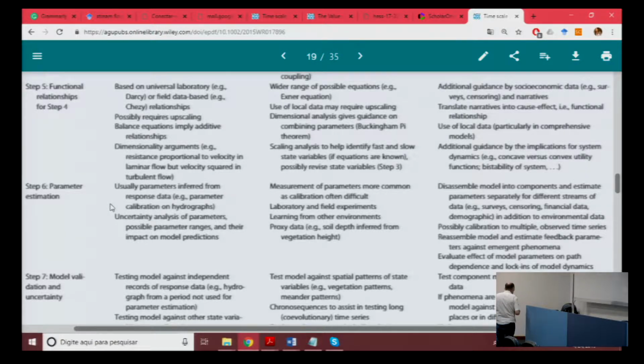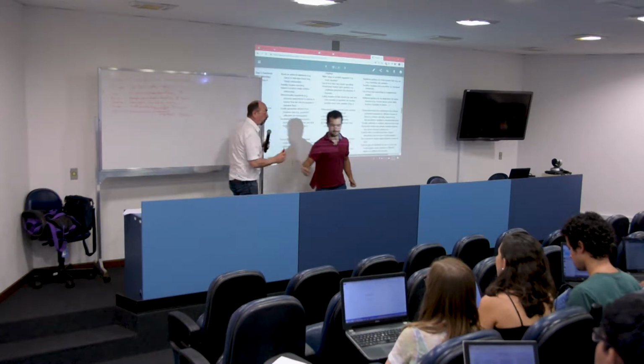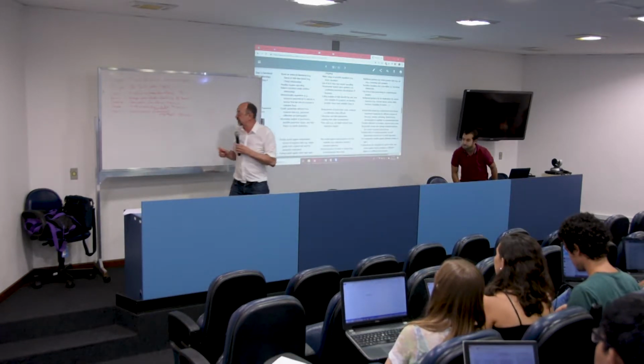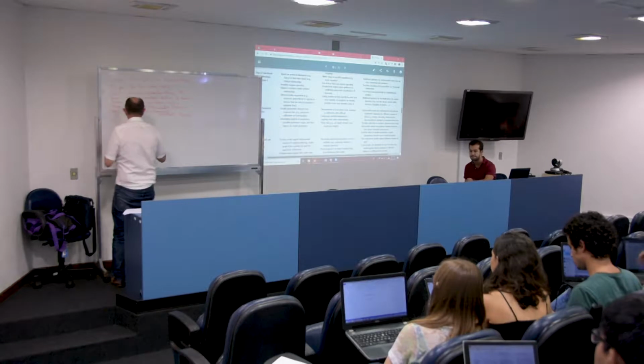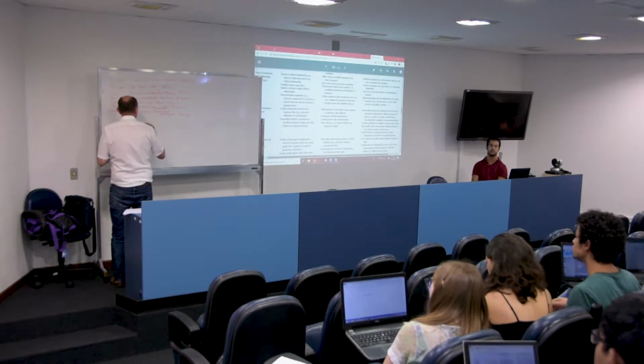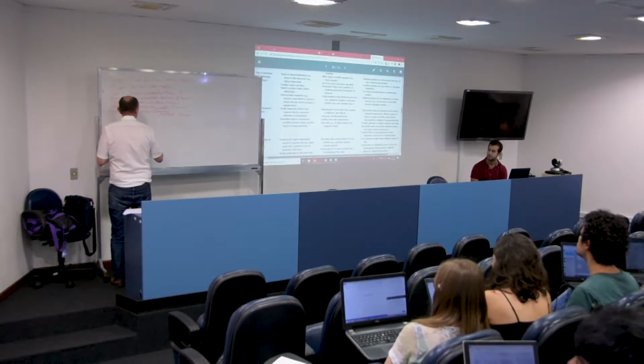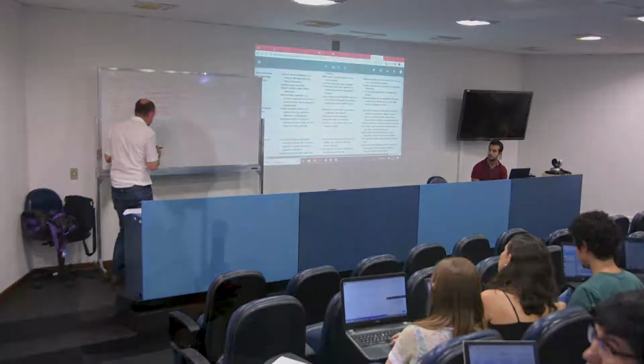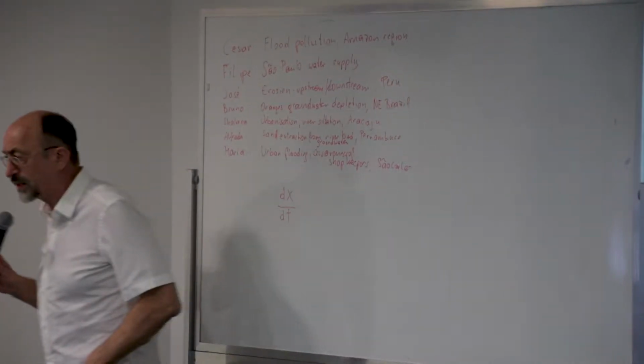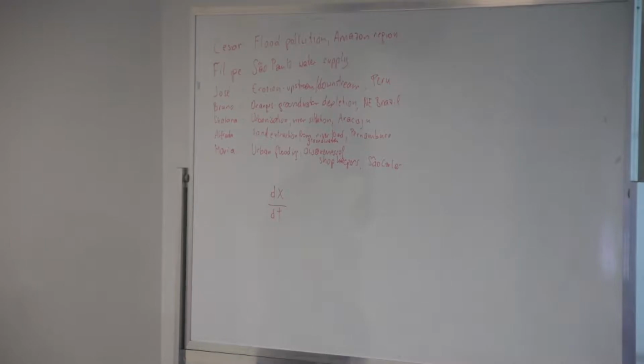So typically they have the form of a balance equation where x could be a state variable, dx/dt. What is dx/dt?